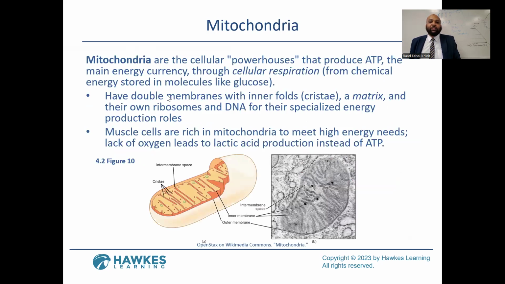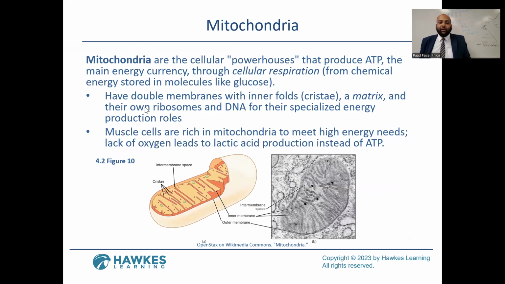The mitochondria is the powerhouse of the cell. It produces ATP, the main energy currency, through cellular respiration from chemical energy stored in molecules like glucose. They have a double membrane with inner folds known as cristae, and a matrix, and their own ribosomes and DNA for their specialized energy production roles.